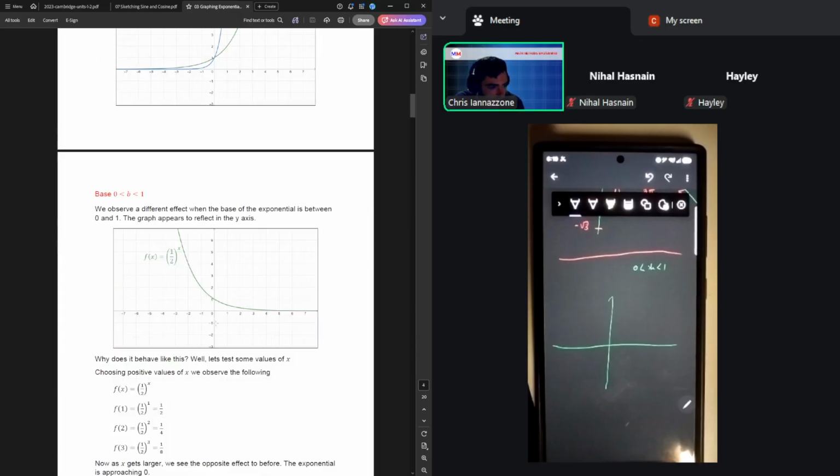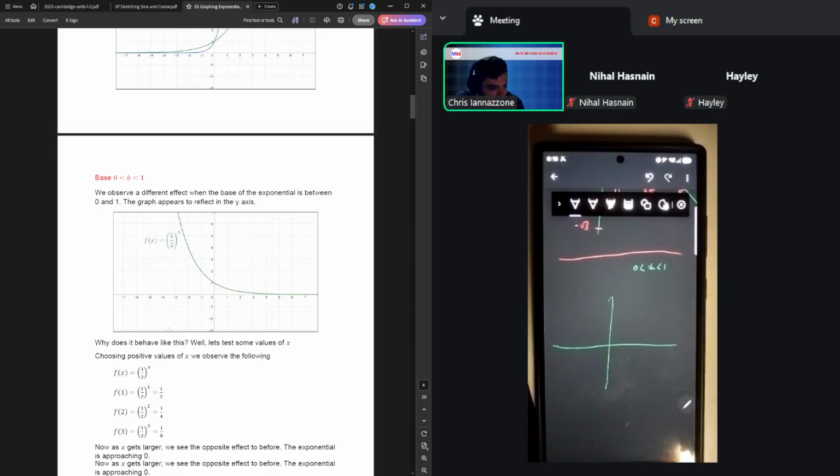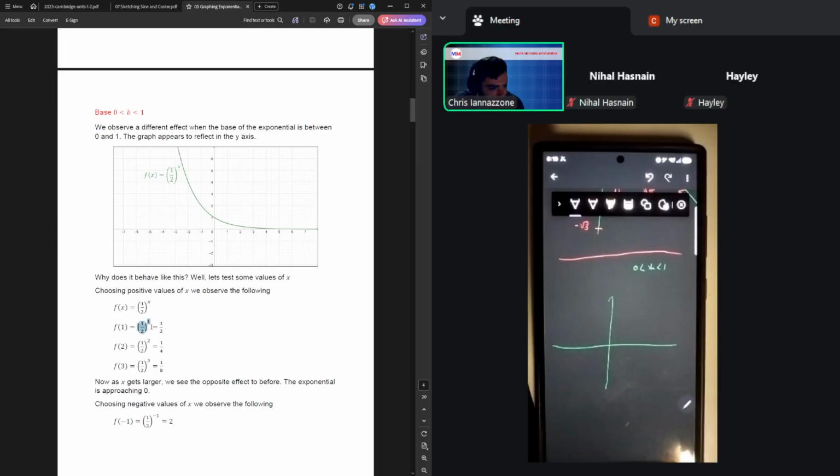So the reason why having a base between 0 and 1, let's say a half, hypothetically, matters is that you've now effectively got the opposite behavior, where positive increases in the x, in the exponent, just keep increasing the denominator on the fraction, right? Because if you square the top and the bottom, the top is always just 1, right?